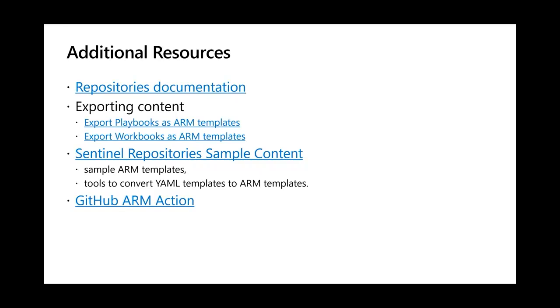We've seen that the repository feature in Sentinel enables you to easily jumpstart your journey into content as code by enabling you to connect workspaces into a GitHub or ADO repository and start to manage your content as code in your GitHub or ADO repository and automatically see changes as they happen to the workspaces.